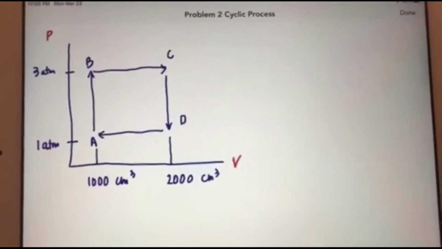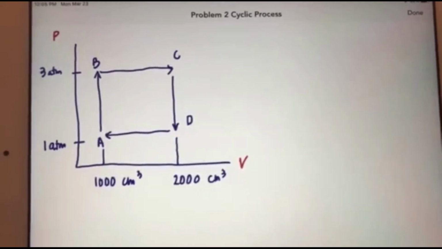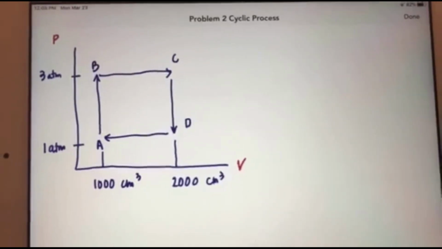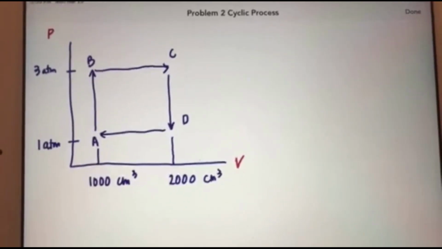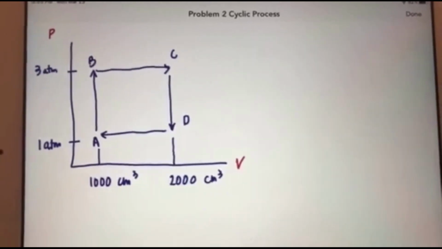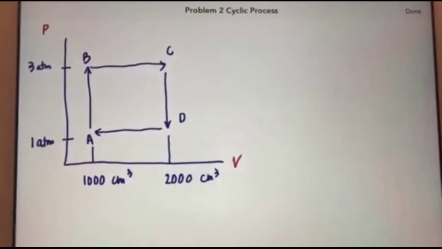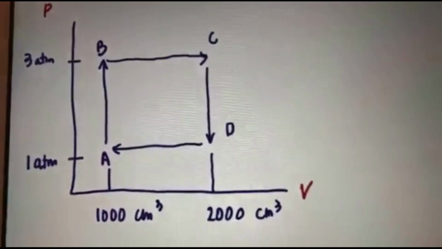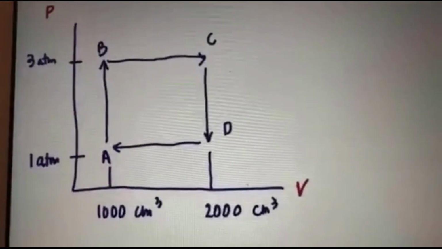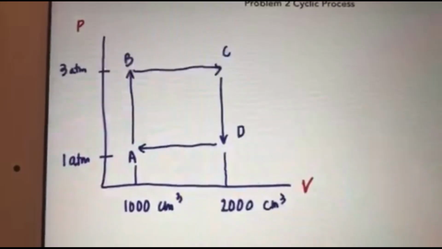Now, analyzing the PV diagram, we have four steps: A to B, B to C, C to D, and D to A. Step A to B is an isochoric process. So we have a constant volume at 1,000 cubic centimeter, and the pressure varies from 1 to 3 atmosphere.